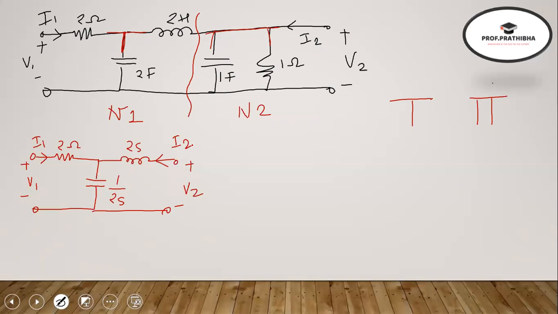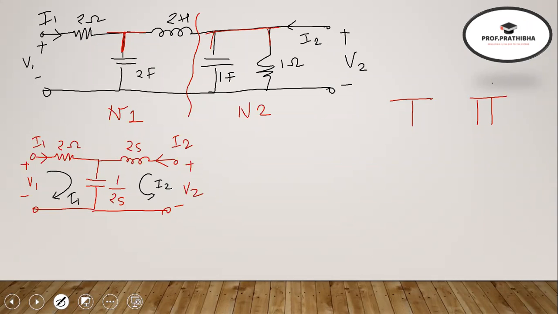Now you have to find out the current over here, that is the I1 current, and you will solve for this current, the I2 current, right? So now you're doing your normal mesh analysis and you find the equations. Now this is ABCD parameters, so you have to get it in terms of V1 and I1, if you remember.